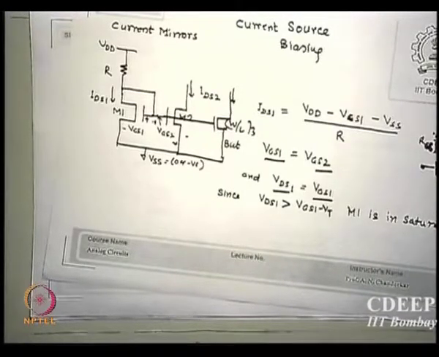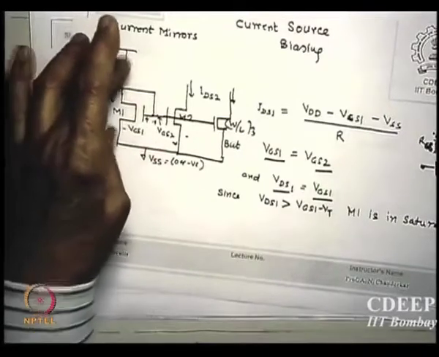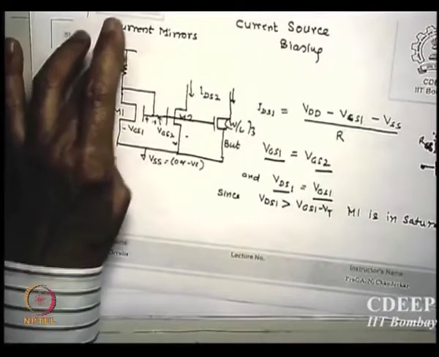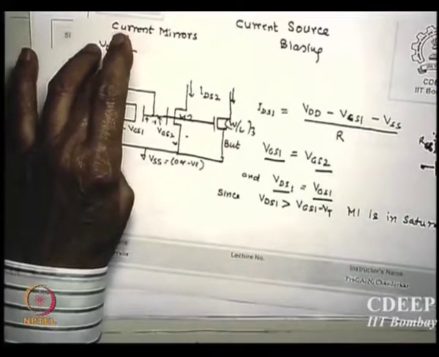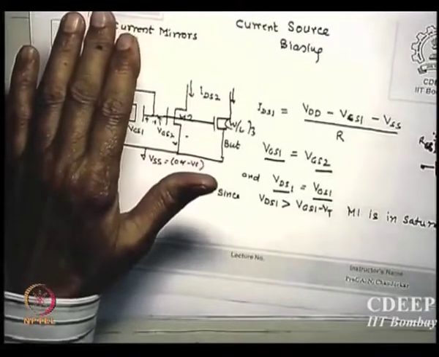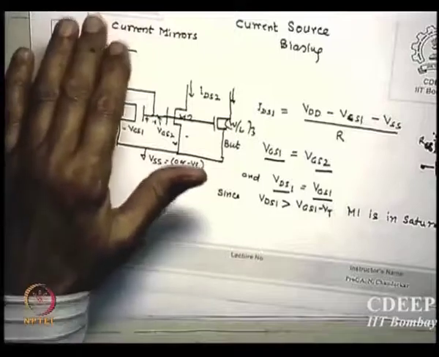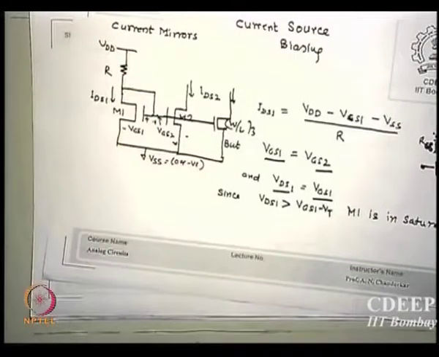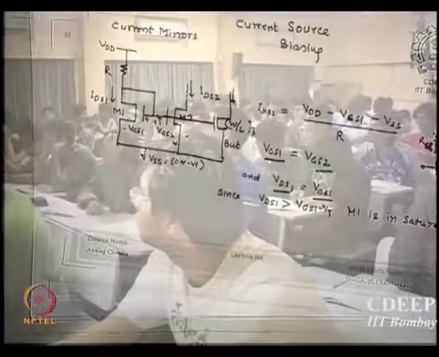Is that clear? Multiple areas can be given current from the same source, and this is a good current source because I have seen to it that this R is adjusted such that this acts like a good current source. We will see next time how to make this a good current source.